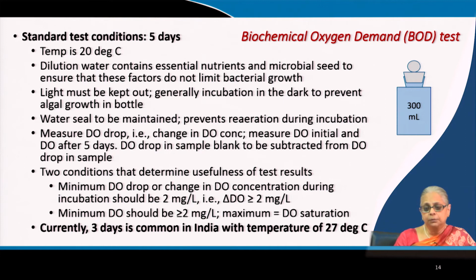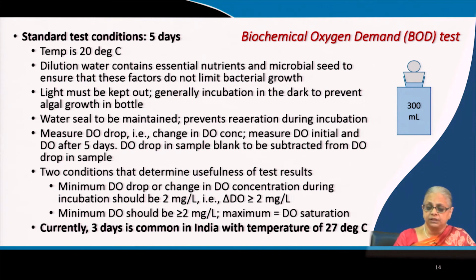Now these bottles are then incubated in the dark. So we normally put them in an incubator shaker. These bottles are kept in shaking systems within the incubator, and there's no light inside the incubator, and this is also a very essential part of the test.